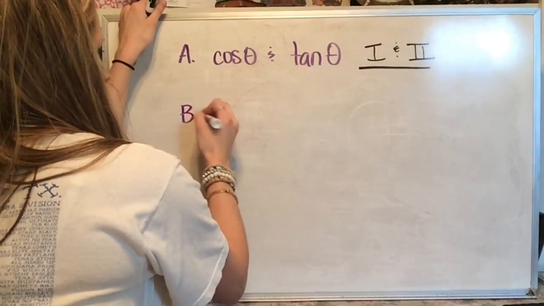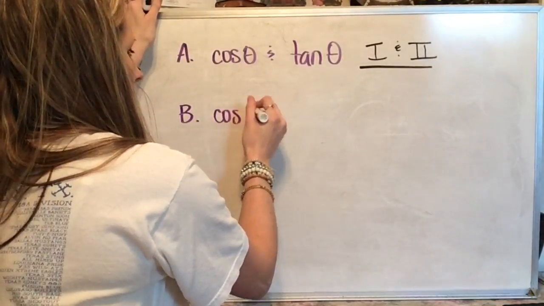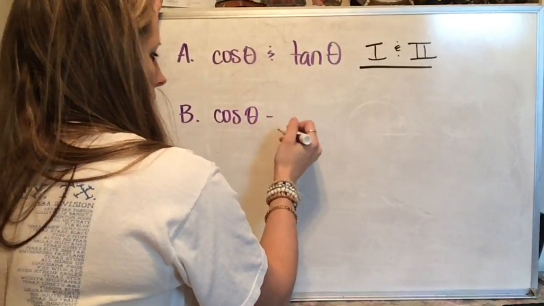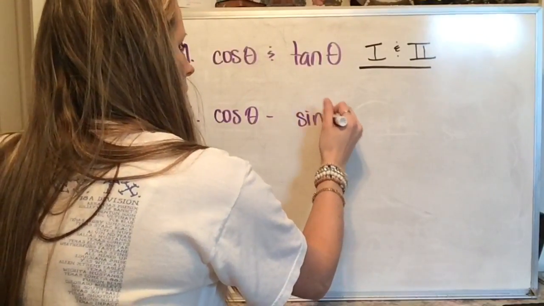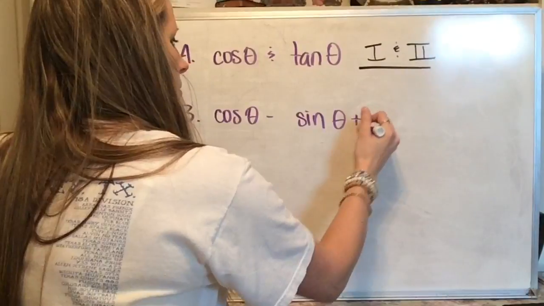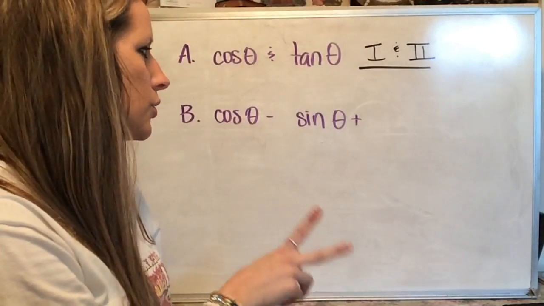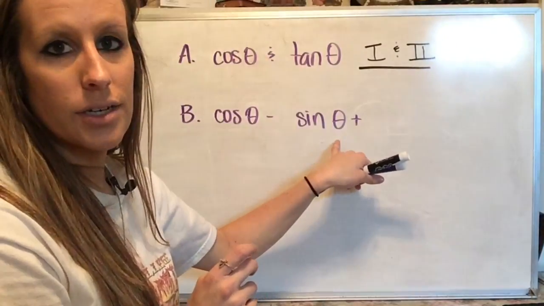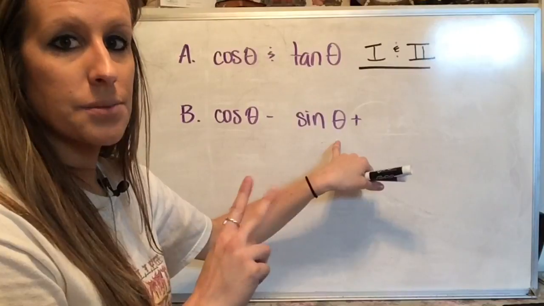Okay, question or part B, we have cosine that is negative, and we need a sine to be positive. In what quadrant would sine be positive and cosine negative? Okay, well, there's only 2 quadrants where sine is positive at all, right? Quadrant 1 and quadrant 2 are where sine is positive.